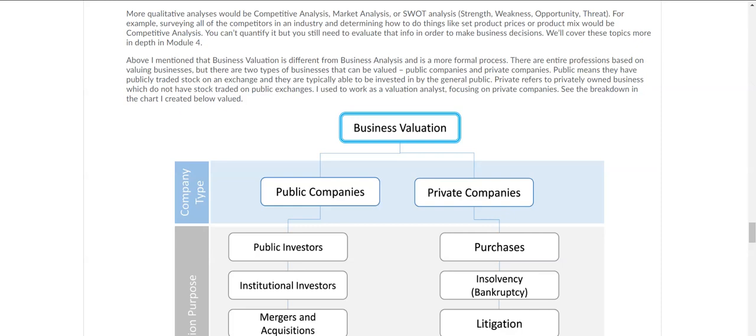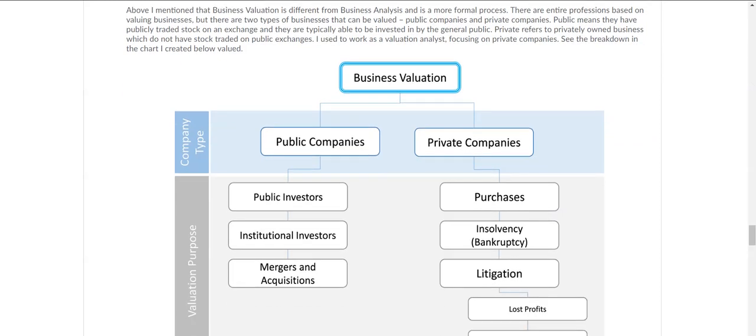But since it is a public market, the types of people and groups that are going to be valuing these companies, and the reasons they're going to be valuing these companies, are different. So your public investors like you and me, that would be one group. Your institutional investors who do it to make money, and they take positions, like hedge funds, equity funds, things like that. That's going to be a group.